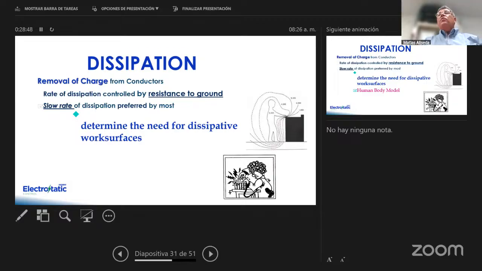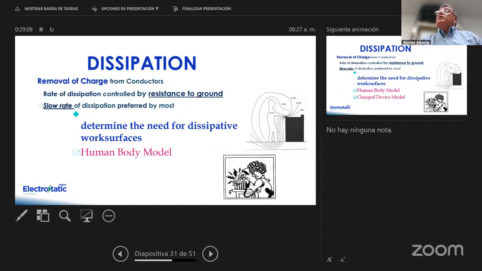So please stop saying we are wearing an anti-static garment, anti-static wrist strap, anti-static heel grounder, anti-static mat. They are not anti-static; they are dissipative, and it's much better that they dissipate.